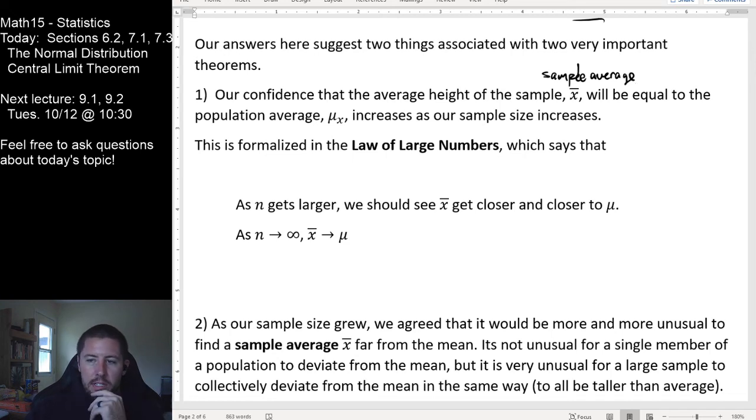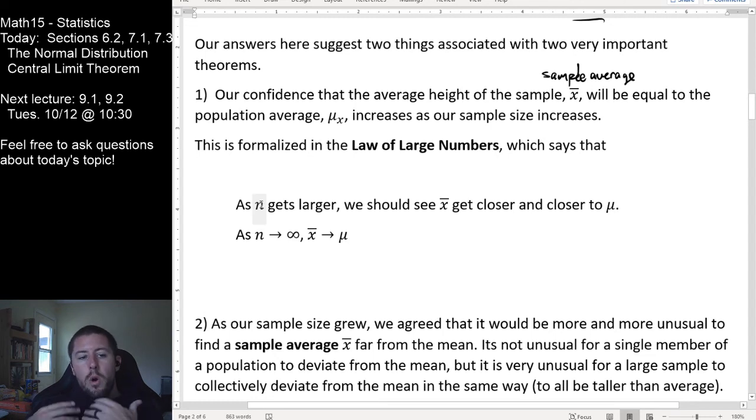So kind of our general statement here is that the law of large numbers says as your sample size gets bigger, you should see your sample average get closer and closer to the overall population average. It might be that if you have very small sample sizes, your outcomes deviate quite a bit from the expected value, but as your sample gets larger and larger, it's more and more likely to be representative of the true overall average from the population.